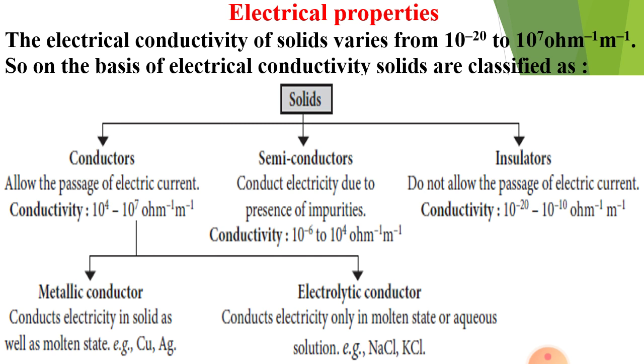This is because the positive kernels begin to vibrate and thus create hindrance to the flow of electricity, that is, provide resistance. Therefore, conductivity in place of increasing, here decreases with rise in temperature.